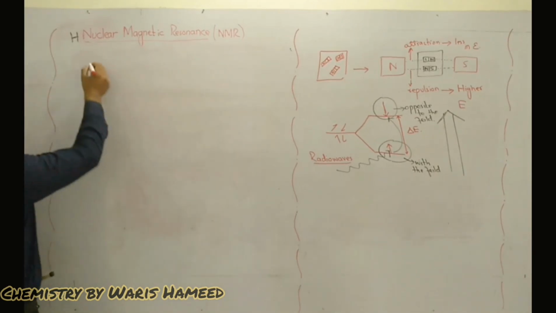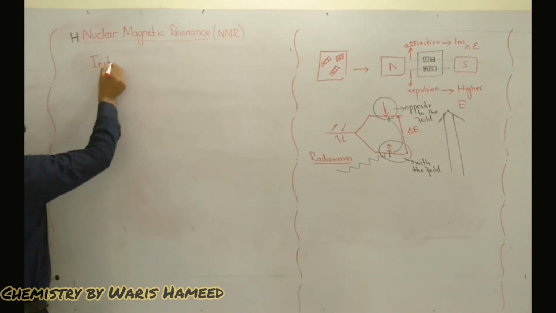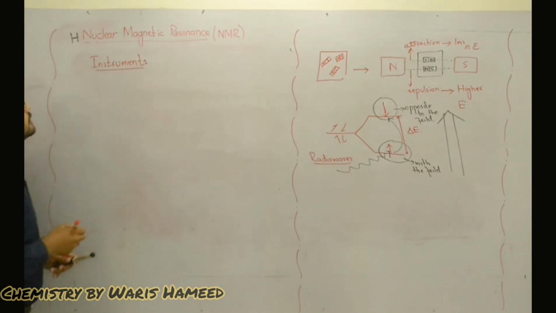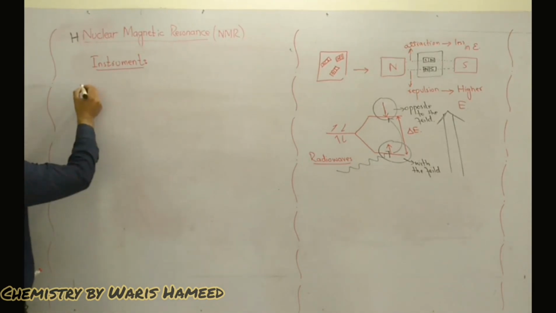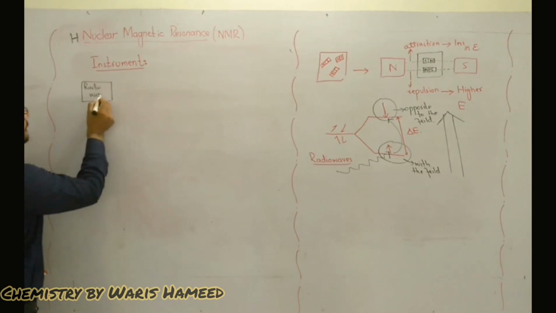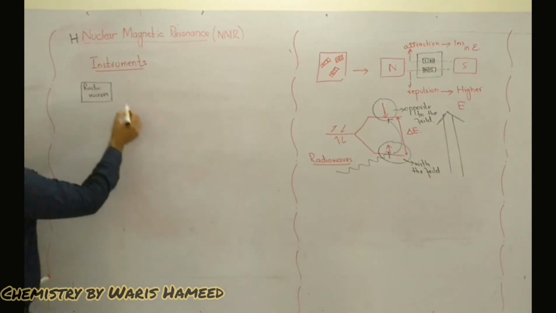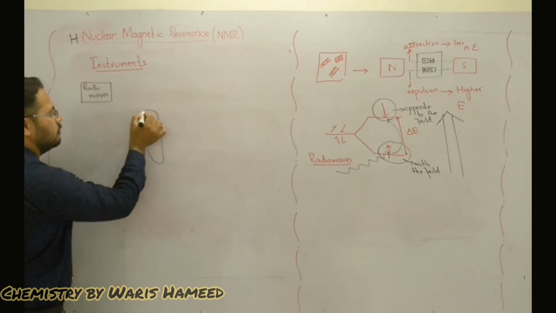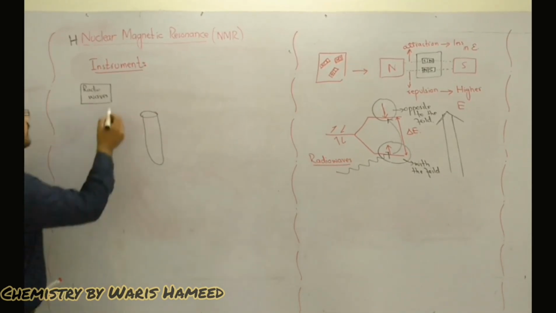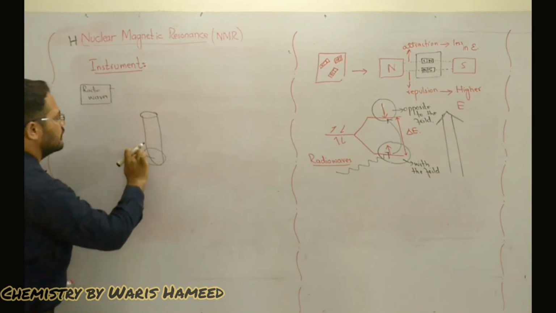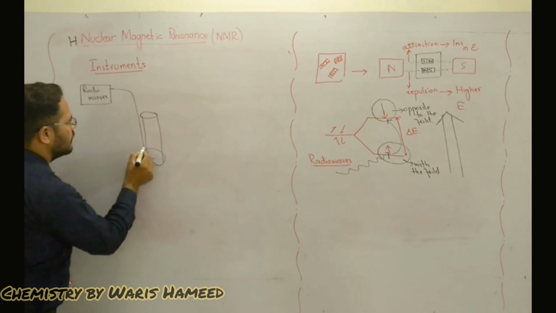Here is the radio wave transmitter, the source of radio waves, and here is the part where we place our sample, and these radio waves fall on the sample.